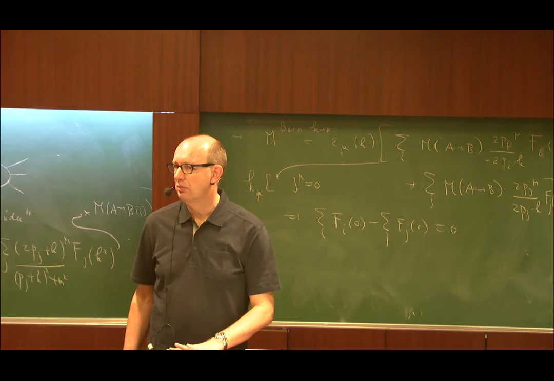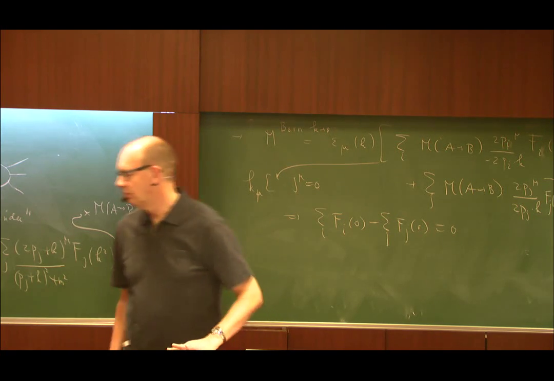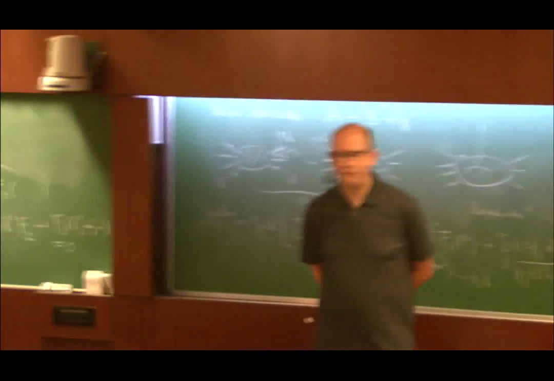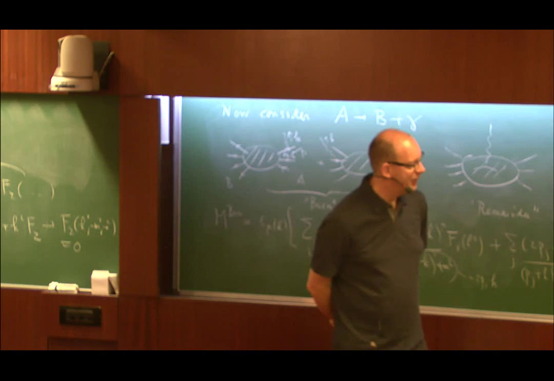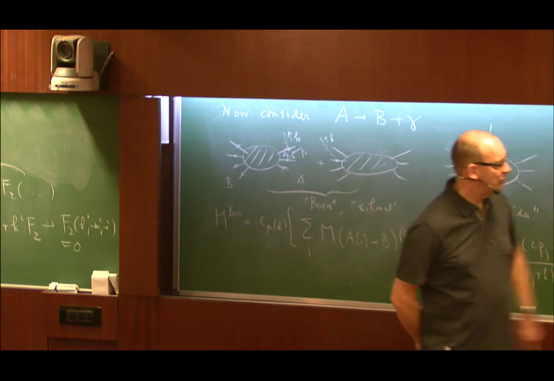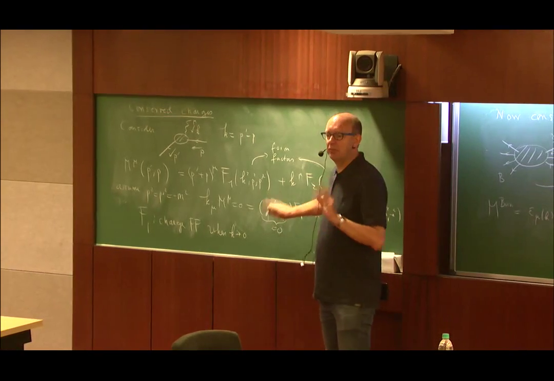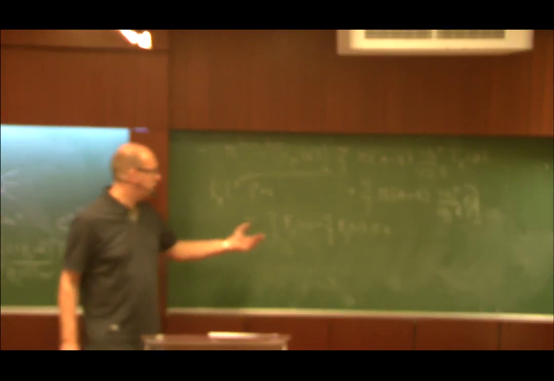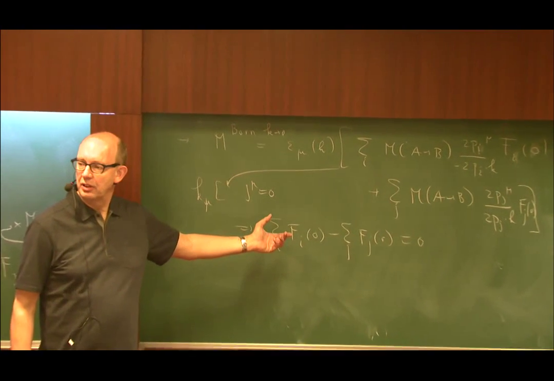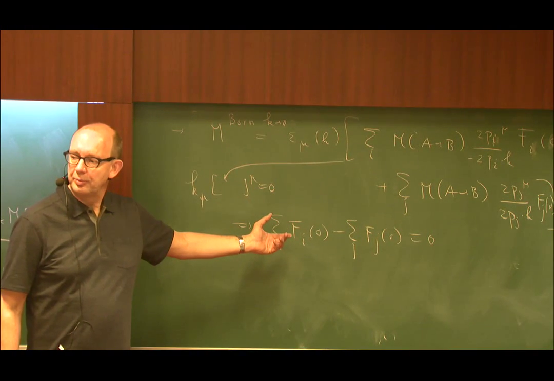Sorry, what exactly did you just show there in that last line? F_i, I dropped the index 1 here because that's just the charge. I call it F, the charge. So F of 0 is the electric charge of the photon coupling to line i.